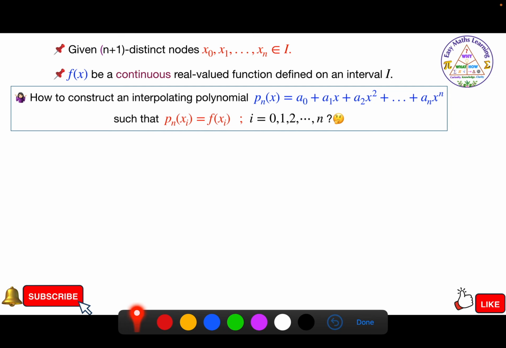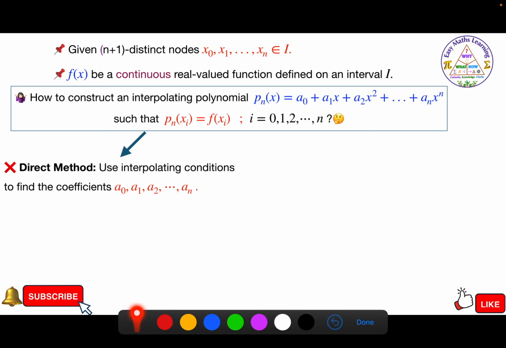Here we discuss two different methods to construct an interpolating polynomial. One possible approach is the direct method. In the direct method, we substitute each node into the polynomial, meaning we substitute x equal to x0, x equal to x1, x equal to x2, and use these interpolating conditions to determine the coefficients a0 to an.